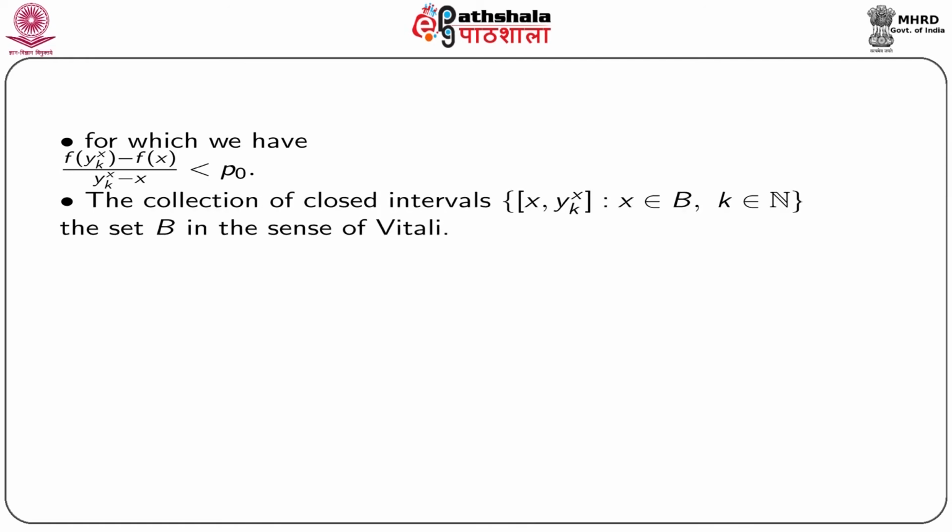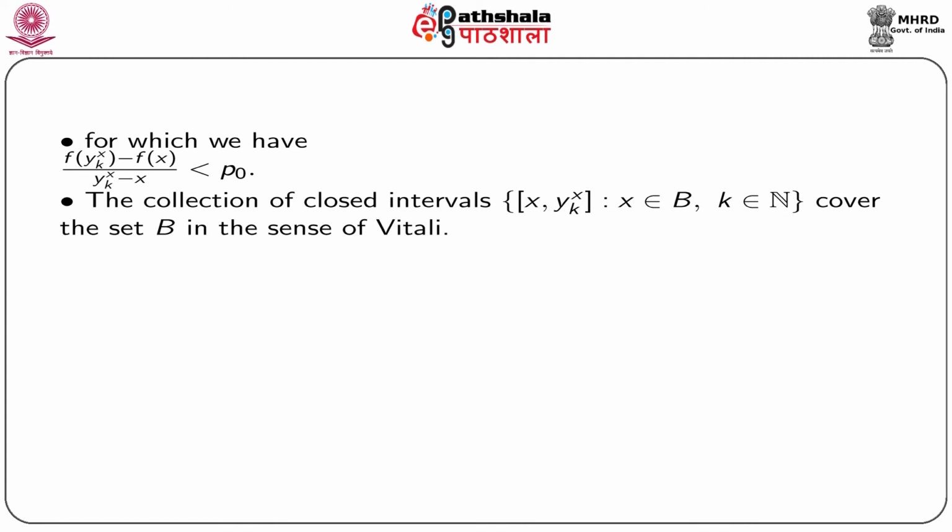Now, again we consider the collection of all closed intervals of the form [x, y_{x,k}], where x runs over the set B and small k runs over all natural numbers.